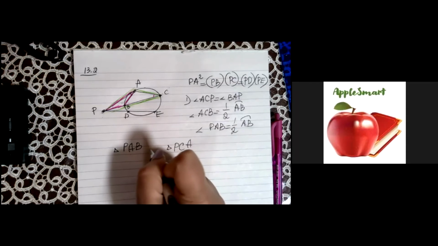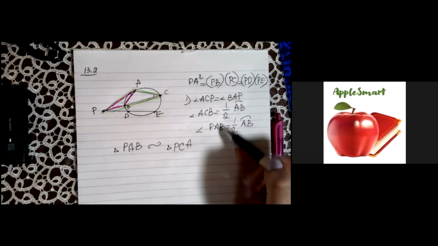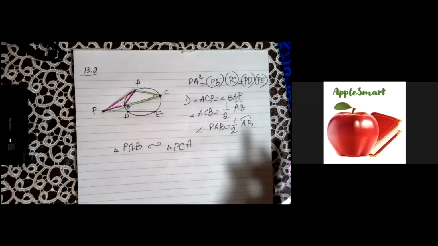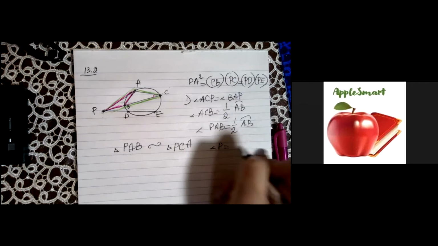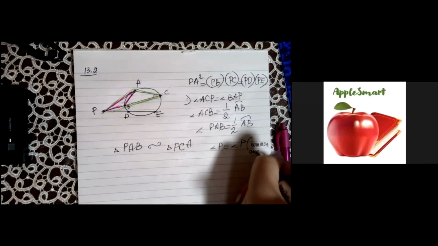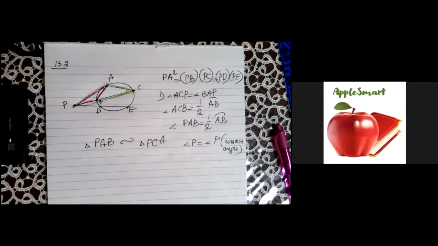So we can say that triangle PAB is similar to triangle PCA. We did it based on AA. One angle was proven right here, and another angle, angle P, is a common angle, so angle P is equal to angle P.